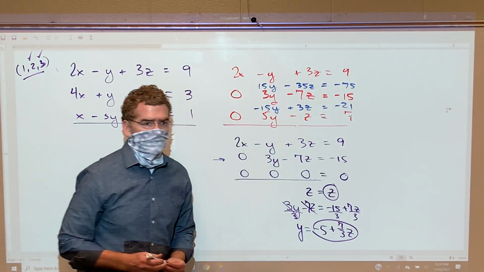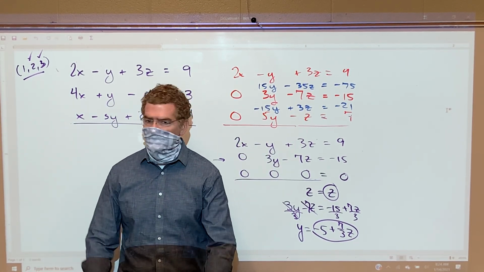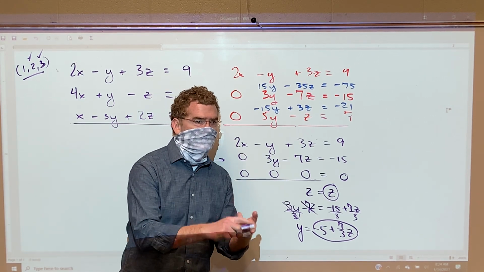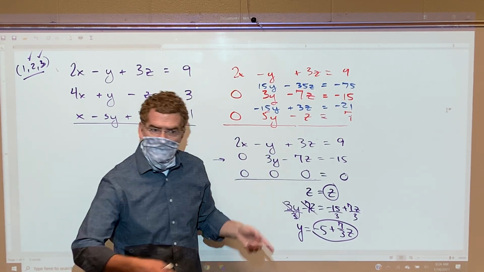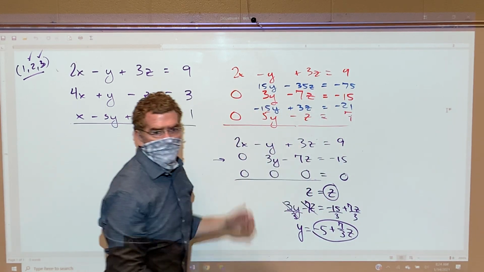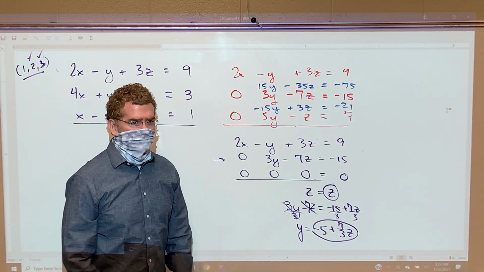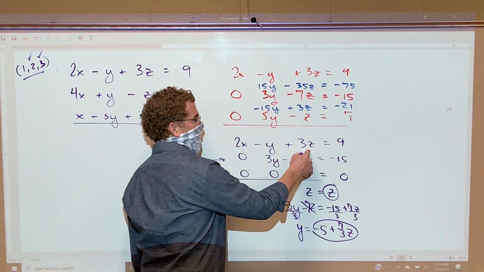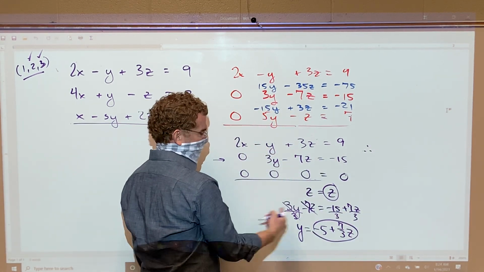So I've got the Z now in terms of Z, and I've got the Y in terms of Z. Now, what would you have done on Gaussian elimination if you knew the Z and the Y? What would you have done? Plug them back in and solve for X. Well, that's what you're going to do. You're going to take this Z and plug it in there. I don't have room where I put it down there.